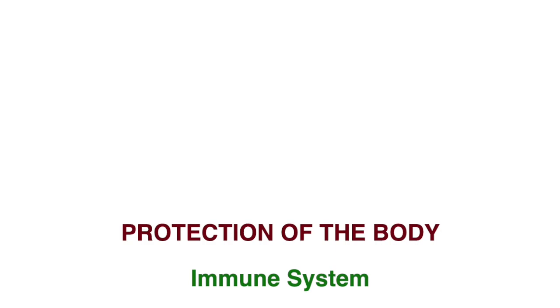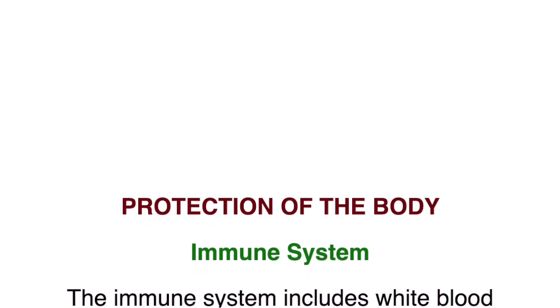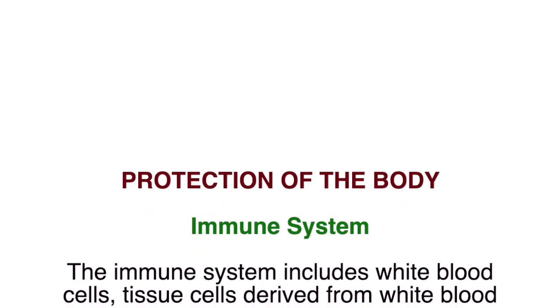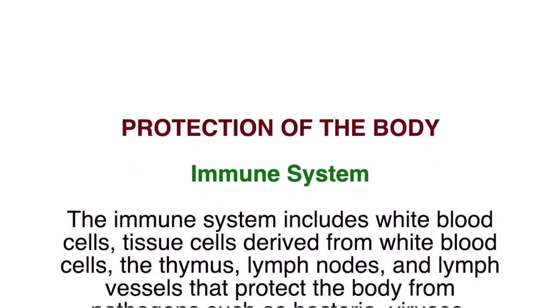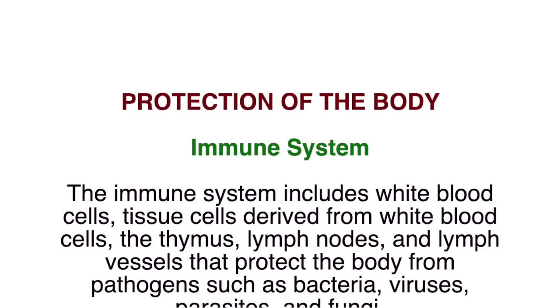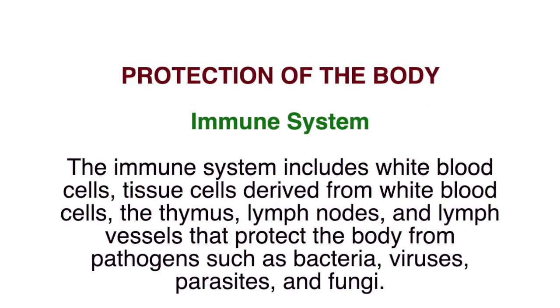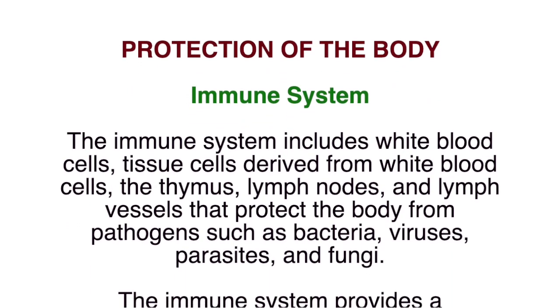Protection of the body. Immune system. The immune system includes white blood cells, tissue cells derived from white blood cells, the thymus, lymph nodes, and lymphocytes that protect the body from pathogens such as bacteria, viruses, parasites, and fungi.